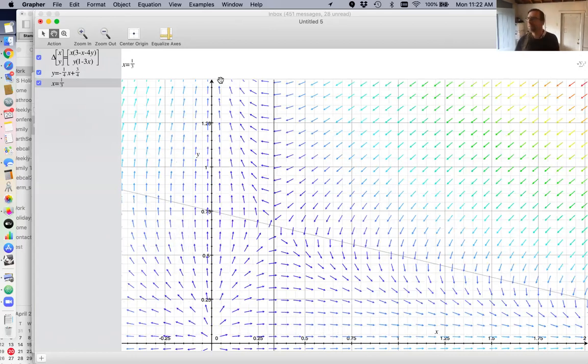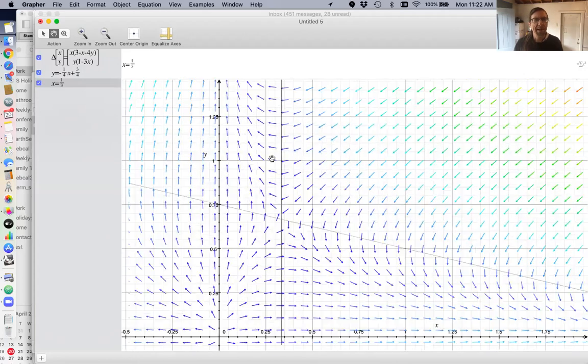Yeah, good job, Amber. Everybody see that? If you have a point here, (1/3, 1), that's right about here, exactly right here, then that shoots up. There's a way to do this in this program. I don't remember what it is now. There's a way to actually click on a point and see where it goes.